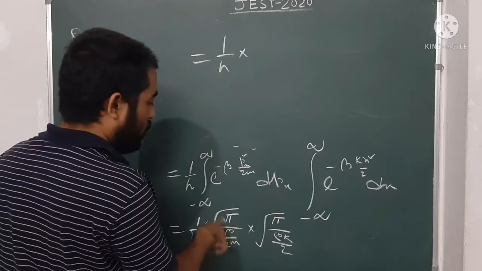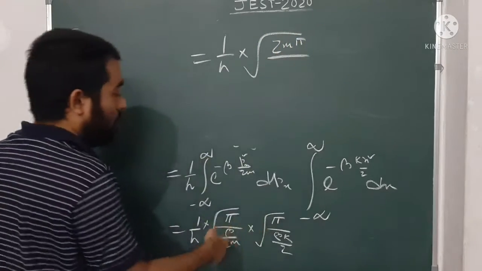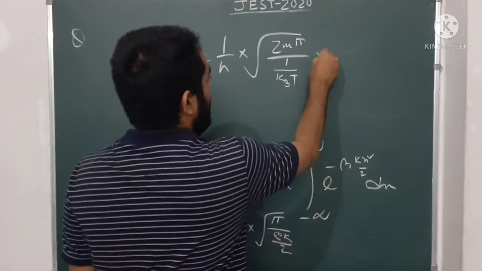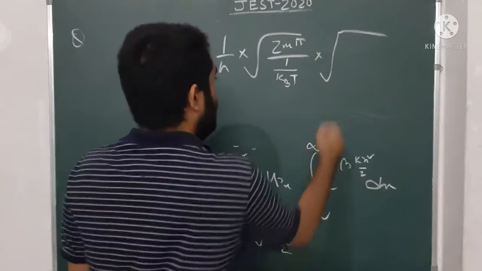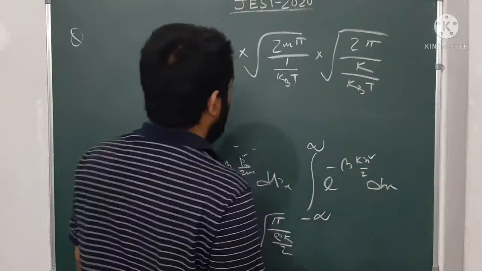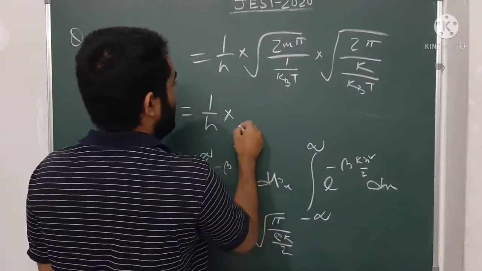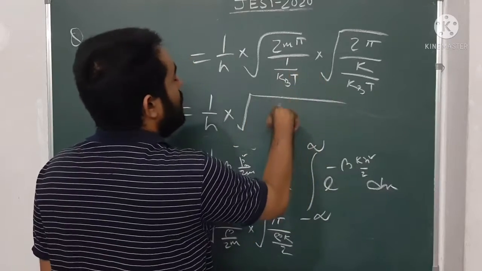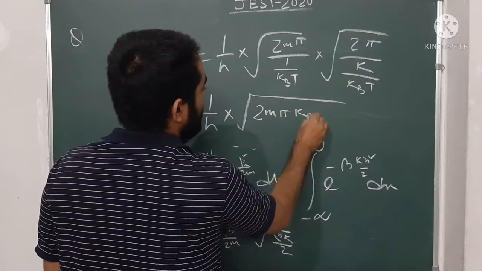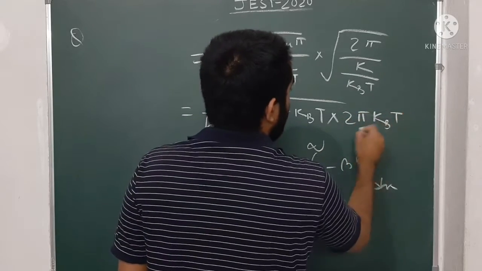So this is 2m pi, and 2m pi, and the value of beta is 1 by kB T, and here 2 pi by K by kB T. If we take these two in just one root, then 2m pi kB T into 2 pi kB T by K.